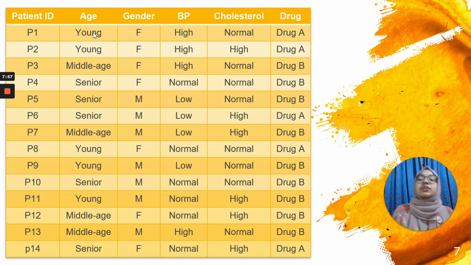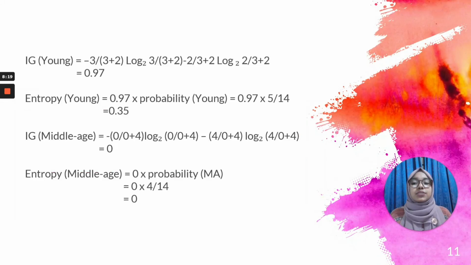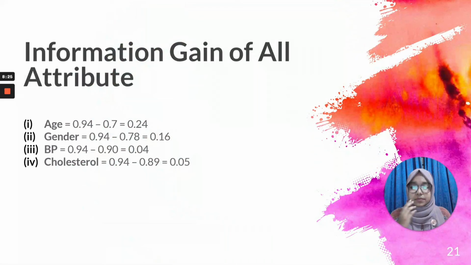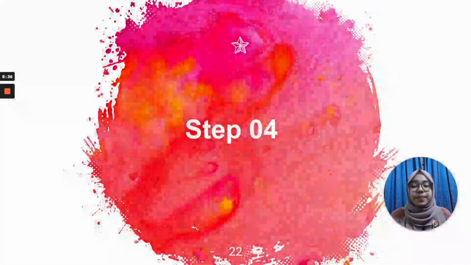Now we have to find whether all young belong to drug A or drug B. Here young is drug A, young drug A, young drug A, but here young belongs to drug B, so we cannot go via young to only drug A or drug B. So in this case we have to take the second largest information gain of attribute, which is gender. So we take gender as a child node.